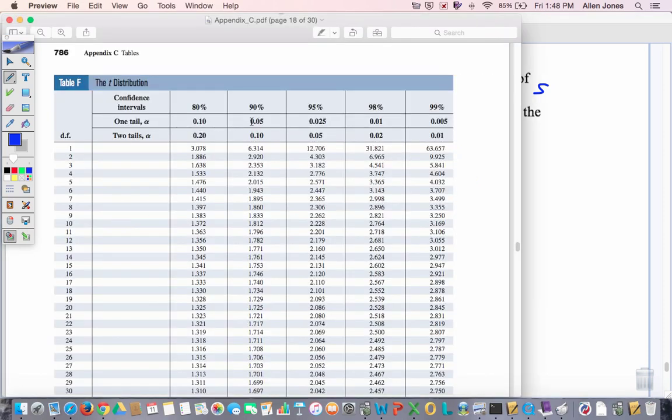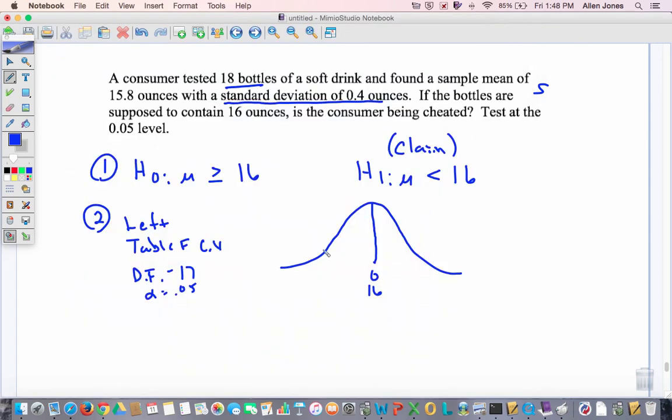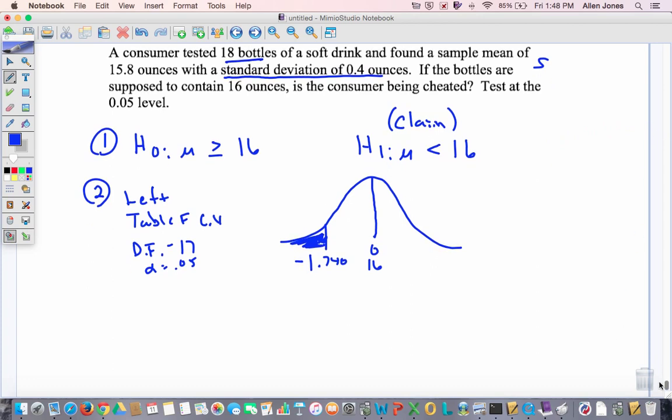So for a one-tailed test alpha is 0.05. Down here at 17 degrees of freedom, I have 1.740. Notice that we're left-tailed, so that 1.740 is on the left-hand side of the curve, and that is a negative number. So we shade the left tail part of that, and then move on to calculating our test score in step number 3.